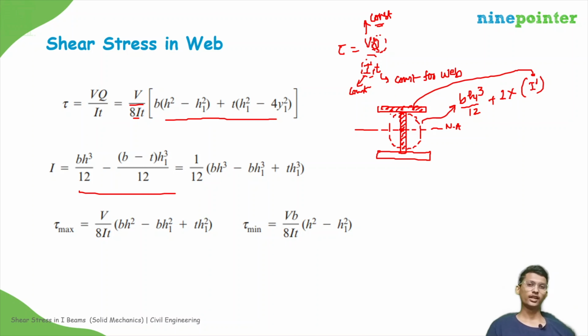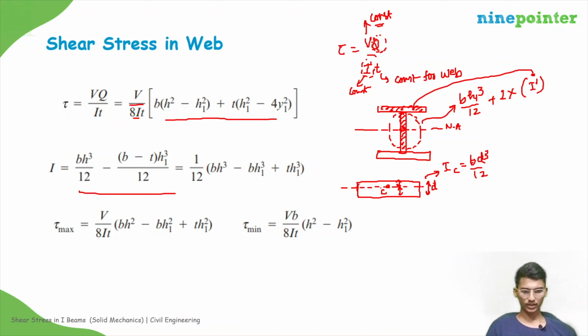So we can calculate that I. How will you calculate that I? See, for that, this is the section and this is the centroid. So this thickness will be there, and this will be the length, right? Suppose this thickness is some d, then for this, at the centroid, it will be bd cube by 12.